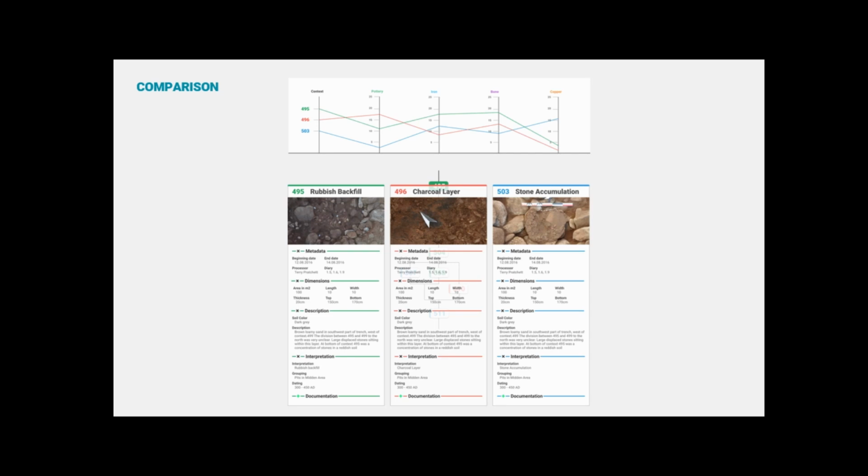You then can combine this again with a multiple view, where you, for example, can use a parallel coordinates diagram to see some of the attributes of the stratigraphical units you're interested in. Here we have the find distribution, and then you could even provide some interaction if you want to.